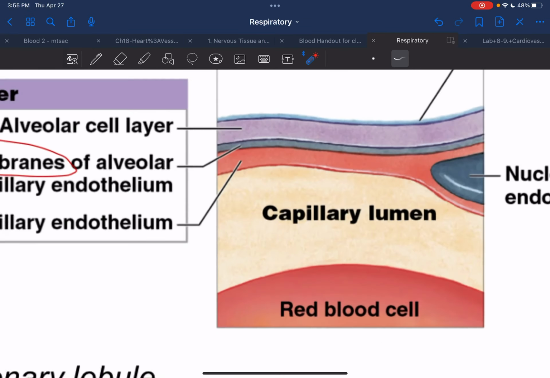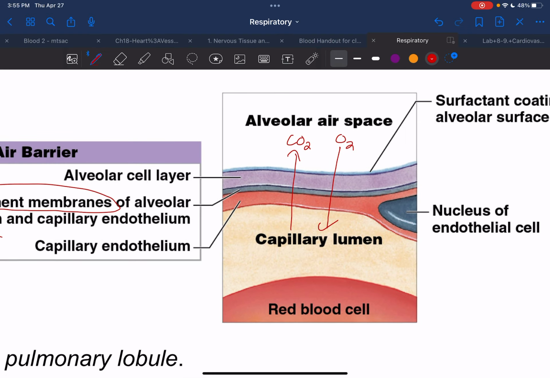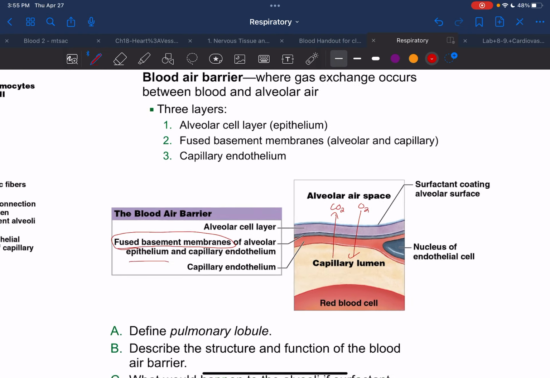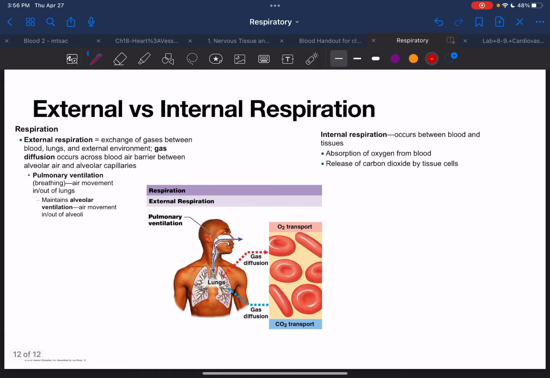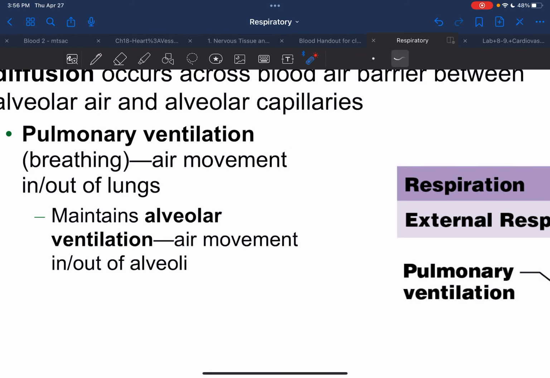In other words, CO2 will usually be leaving the capillaries, and then you exhale it. Oxygen will be traveling from the alveolar airspace into the capillary lumens. You just want to be a little fluent with that. And ventilation means air movement into and out of the lungs.